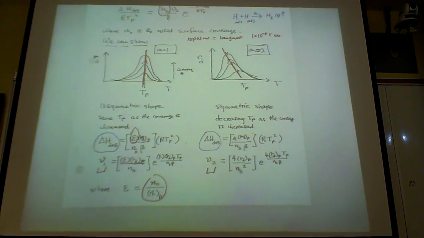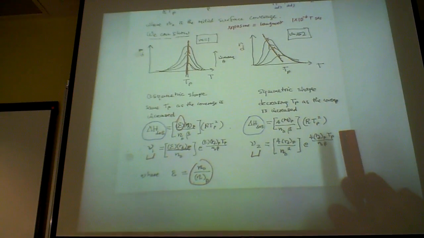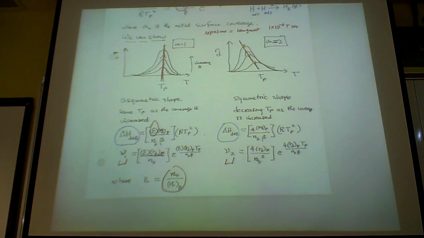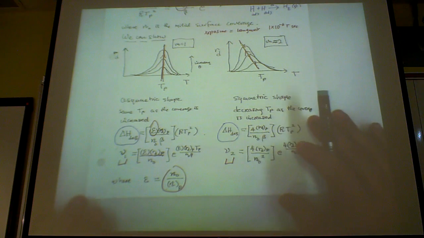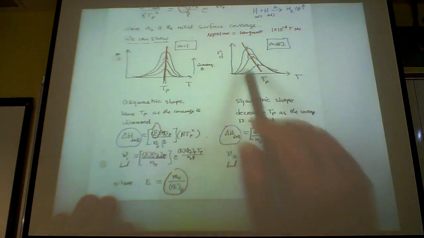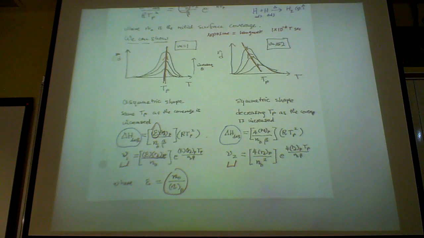Okay? And oftentimes, people carry one step further, which, in my personal view and experience, is a little bit too much, extending the Redhead equation a little too far. What do people do normally? They saw this, and then they proceeded to try to deduce the absorption energy, the so-called activation energy, desorption energy, delta H desorption.